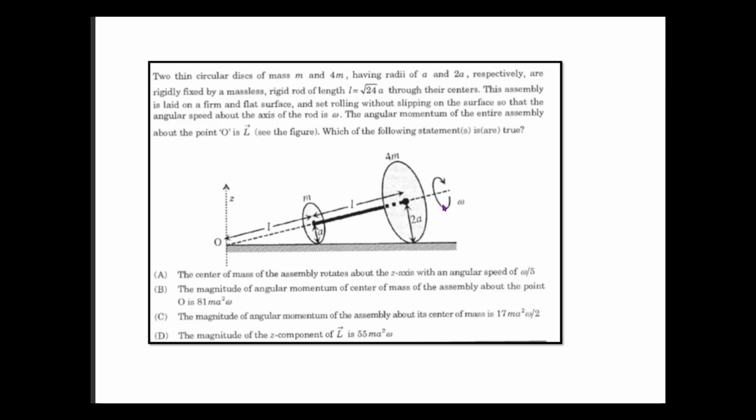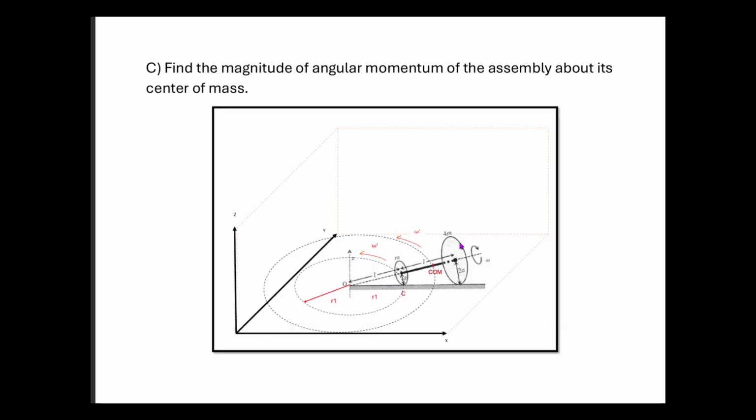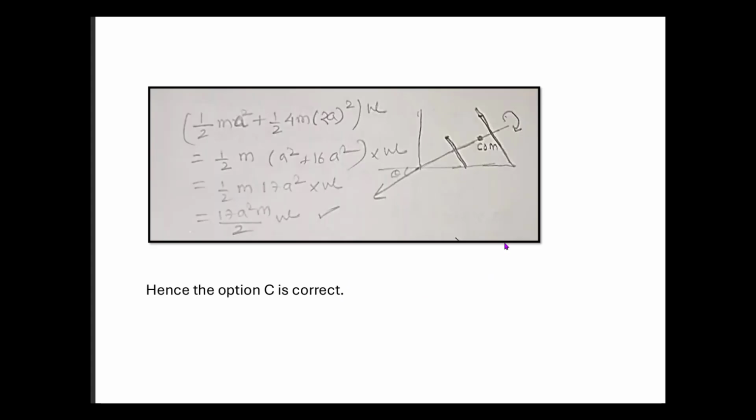It is going inside, and hence with the right hand rule, you will get the downward vector for the angular momentum. Here I think I made a mistake, and actually this is going inside. Okay.